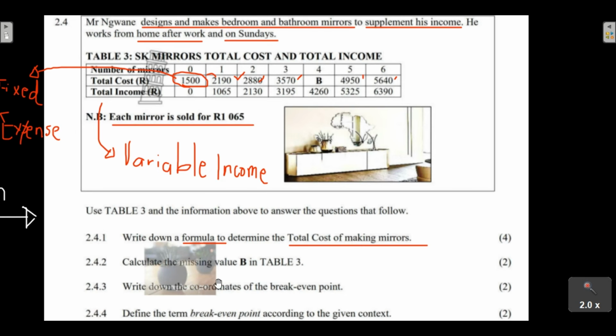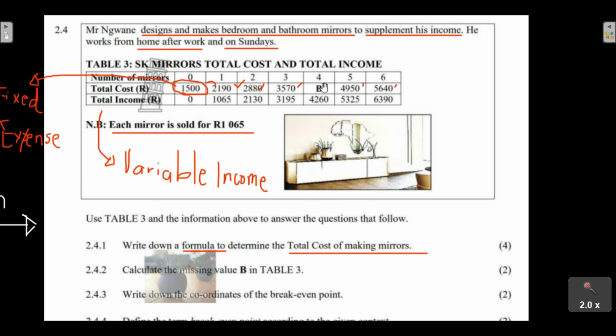2.4.2 says calculate the missing value b. So b, here it is, and this is in the same row, in the total cost row. Because now we have a formula, it's very easy to calculate it.